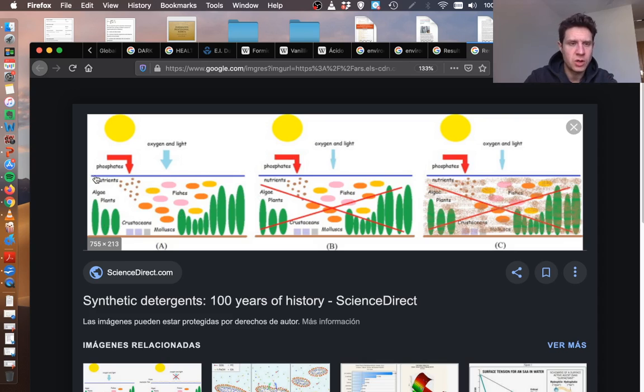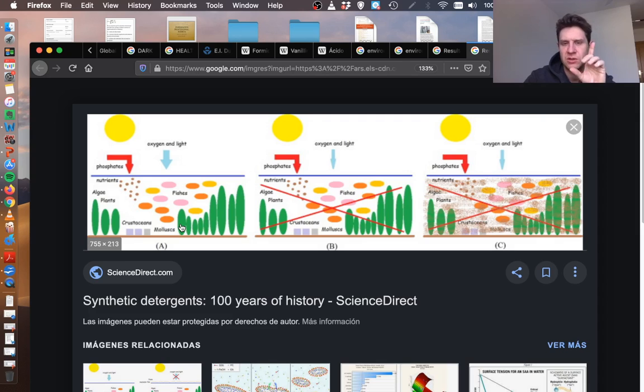And most of the detergents have phosphates, and also los fertilizantes artificiales de las plantas, de las huertas, van al agua, generan una capa de algas en la parte superficial y no deja pasar la luz, no se hace la fotosíntesis en el agua y está muriendo toda la biodiversidad.